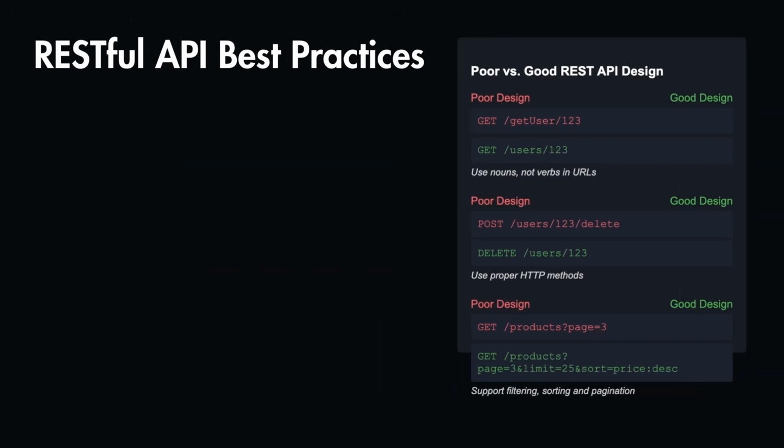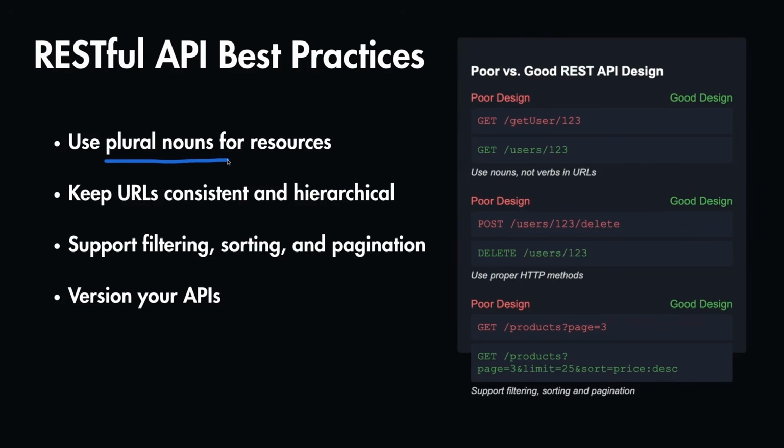When it comes to best practices of RESTful APIs, first of all, notice that we are using plural nouns for all of the resources. So instead of /product, we are using /products for retrieving the products collection. So you should always use the plural in this case. Also in the CRUD operations, we use the proper HTTP methods.